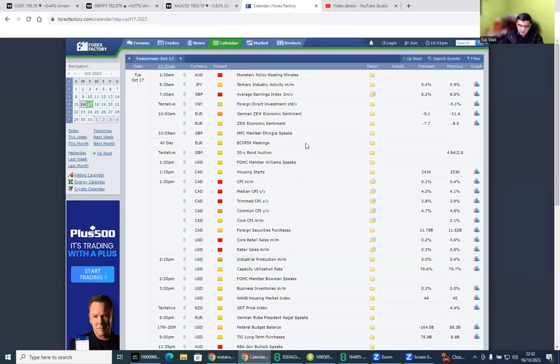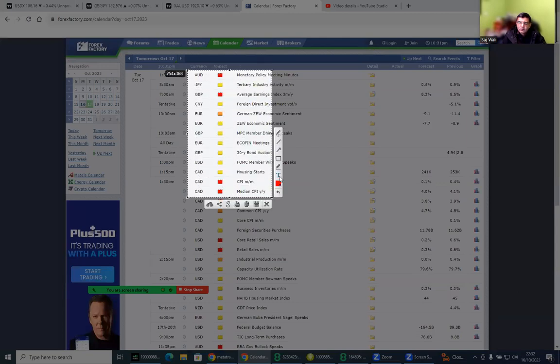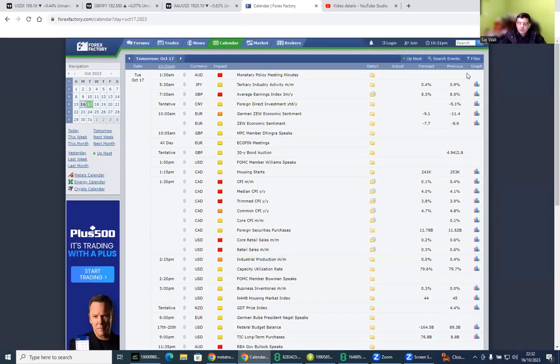And earlier on, you can see AUD JPY at 1:30 a.m. and 7 a.m. GBP. And that's it for the news as far as the news are concerned.